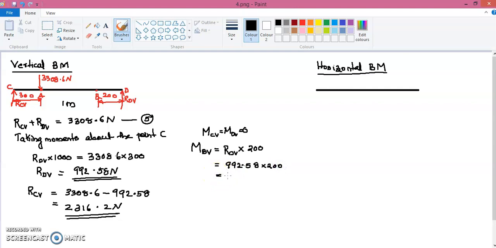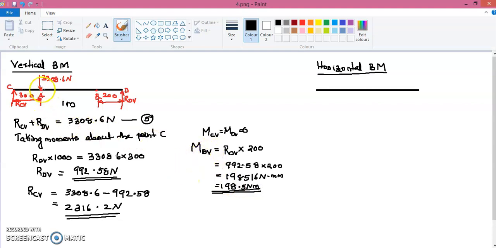So the moment value, we will be getting it as 198.516 Newton millimeter, or we can write it as 198.5 Newton meter. So this is the bending moment due to the vertical load.